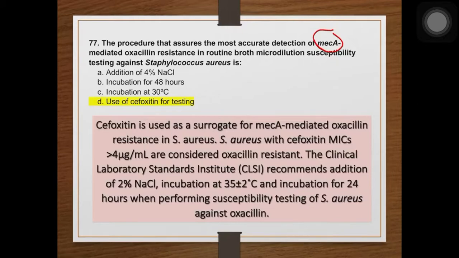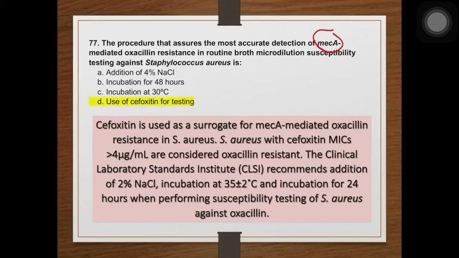Cefoxitin is used for mecA-mediated oxacillin resistance in S. aureus. S. aureus with cefoxitin MIC greater than 4 microgram per ml are considered oxacillin resistant. The Clinical Laboratory Standards Institute, CLSI, recommends addition of 2% sodium chloride, incubation at 35 plus or minus 2 degrees Celsius, and incubation for 24 hours when performing susceptibility tests for S. aureus.